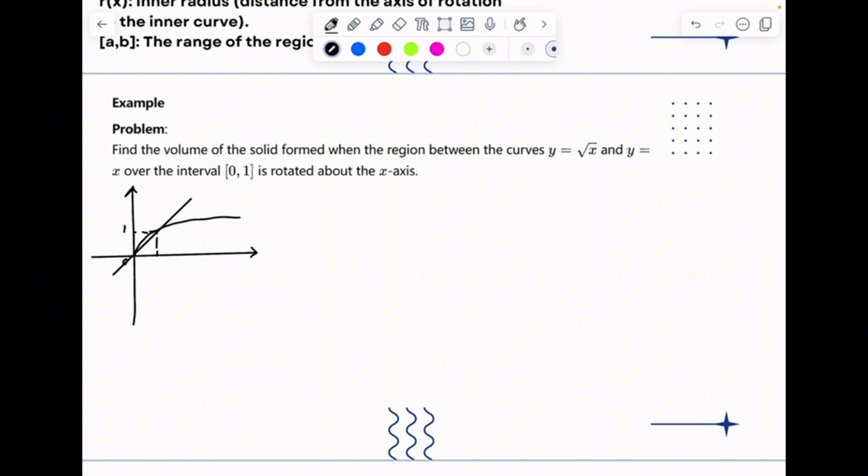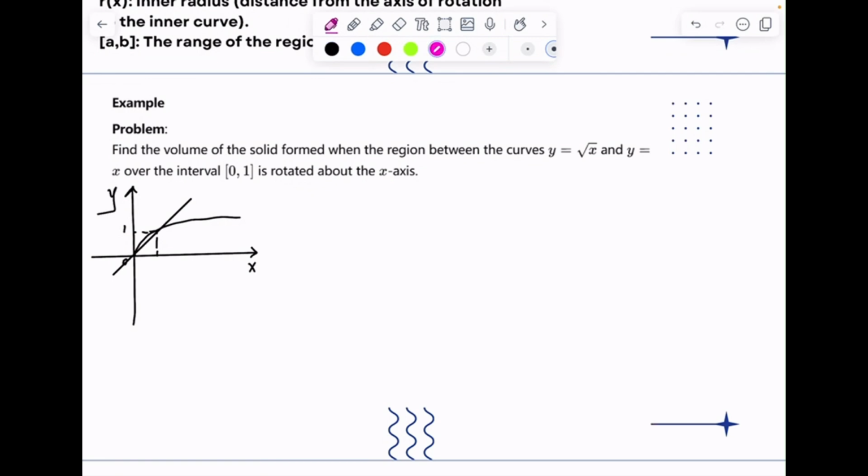Yes? And we need to find the volume of the solid formed when the region between the two curves over the interval 0 to 1 is rotated about the x-axis.